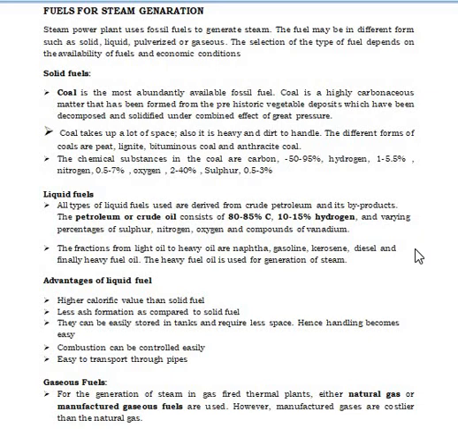Liquid fuels. All types of liquid fuels used are derived from crude petroleum and its byproducts. The petroleum or crude oil consists of 80 to 85% carbon and 10 to 15% hydrogen, and a varying percentage of sulfur, nitrogen, oxygen, and compounds of vanadium.